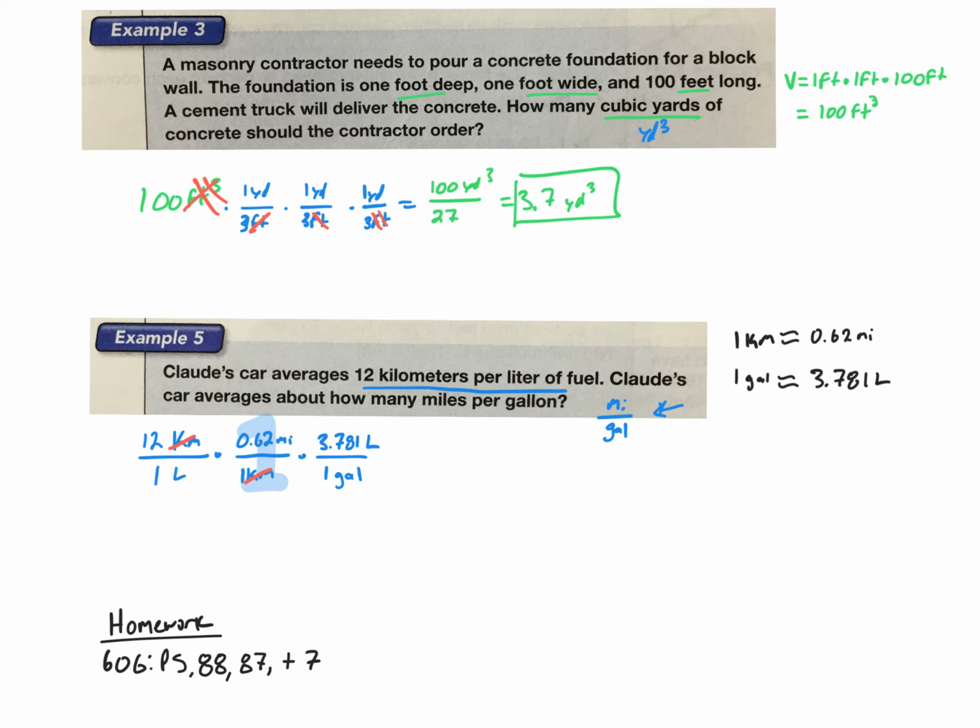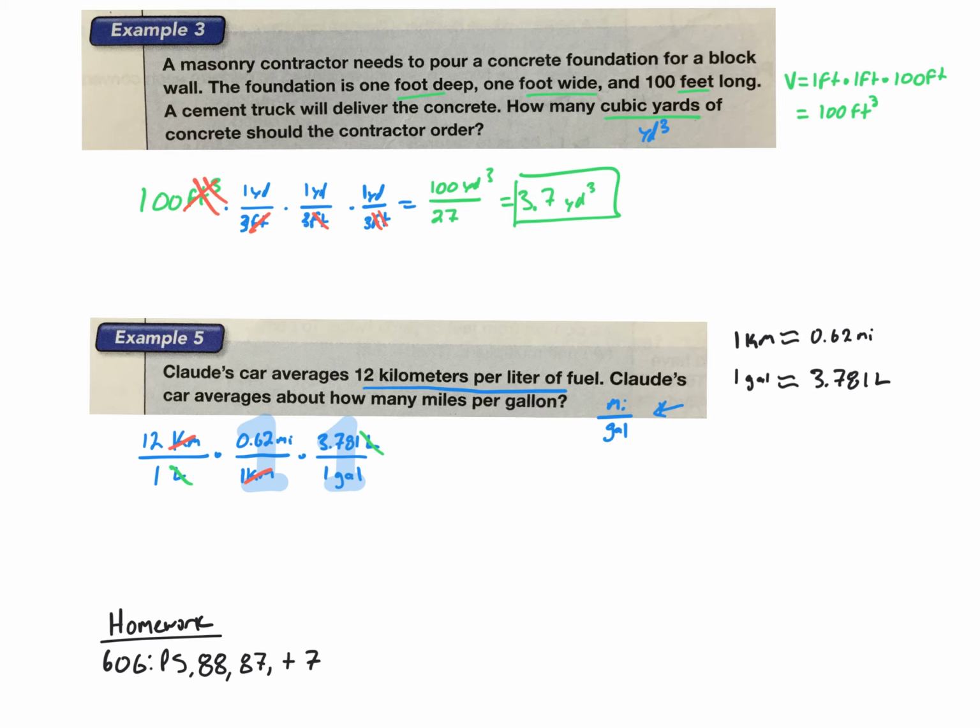Now this liter will reduce with that liter, and the units I have left will be 12 times 0.62 times 3.781, and the only unit up on top is miles. On the bottom will be 1 times 1 times 1, and my unit is gallons. This is also just 1, again because these two are the same.